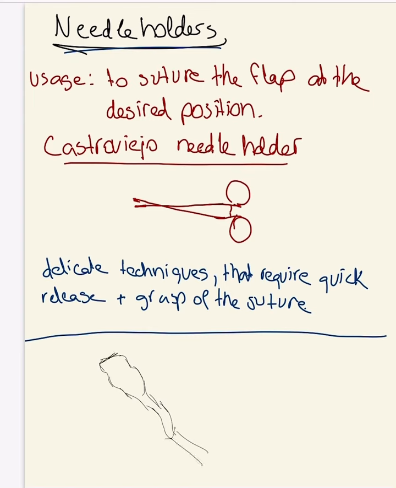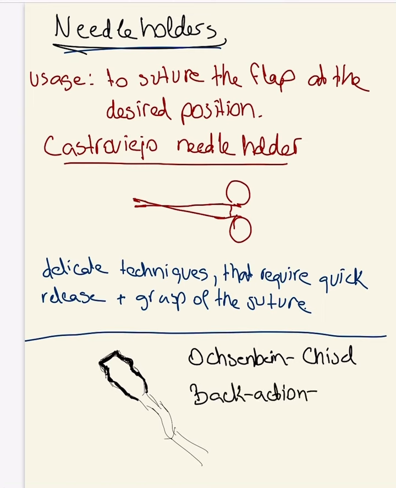They have two concave sides. So we have two types here, the Oschenbein chisel and the back-action chisel.